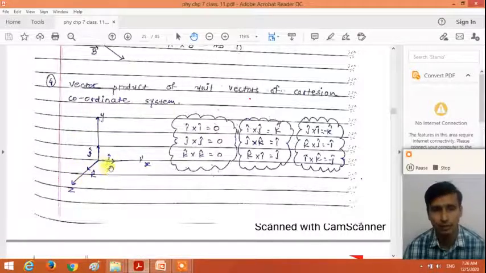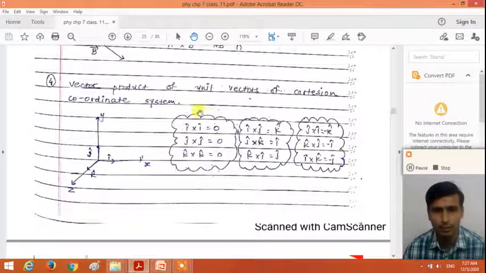So the vector product i cross i: i and i are both in the same direction. Similarly, j cross j, and k cross k, are in the same direction. So i cross i is equal to 0, j cross j is equal to 0, k cross k is equal to 0.